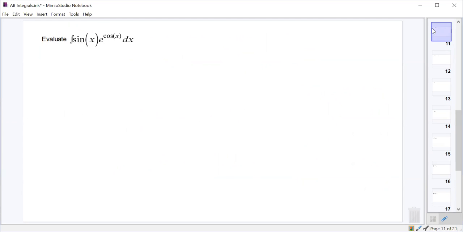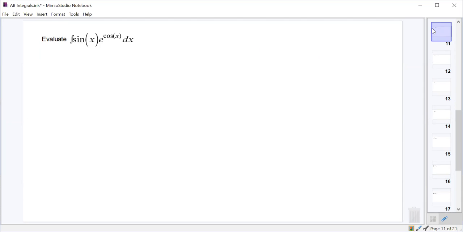So what we're going to do is use that idea of this composition of functions, u equals something in terms of x, to try to find a way to write out some more difficult integrals into an easier form for us to integrate.